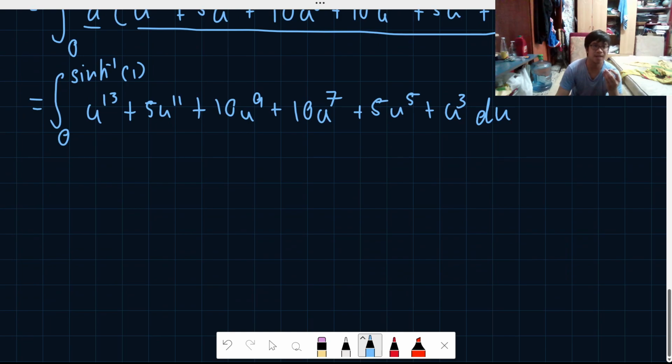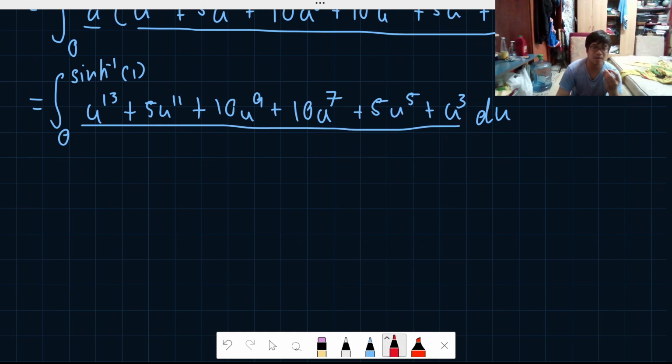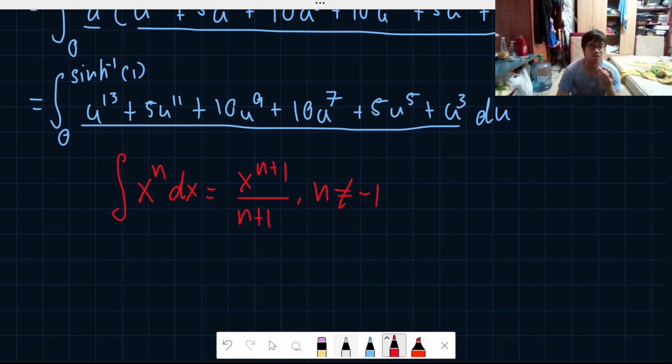Then with that, we can get the integral of this. So we can apply the power rule of integration. Basically, if we have a variable that has an exponent, and you're going to get the integral of it, we will have x raised to n plus 1 all over n plus 1. And make sure that the exponent should not be equal to negative 1 if you're going to use this rule.